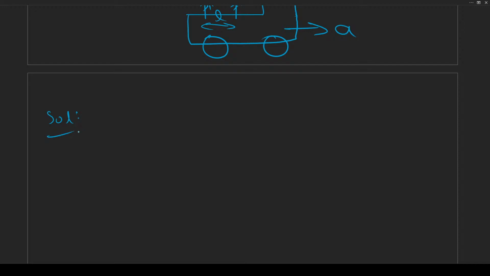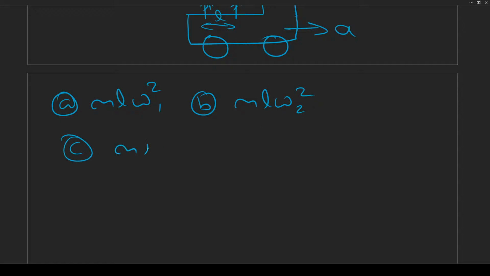Solution. Basically, let's give the options first. m L omega 1 square, m L omega 2 square, m L omega 2 square, m L omega 1 minus omega 2 whole square, and d, 0.